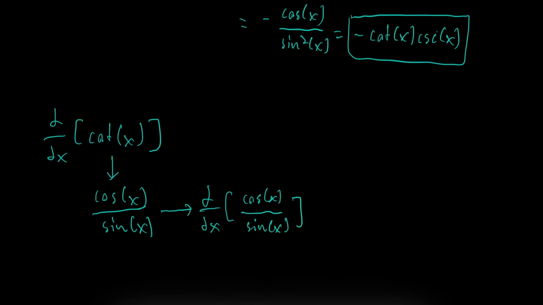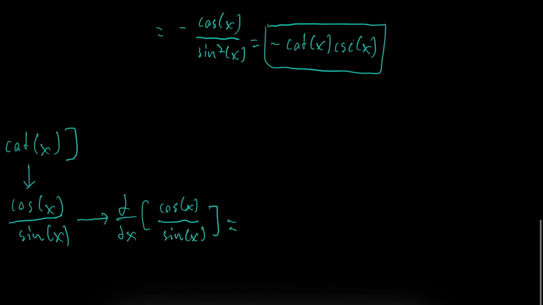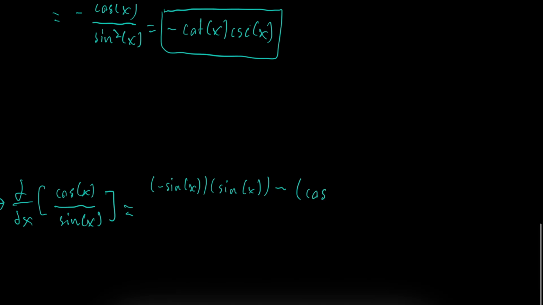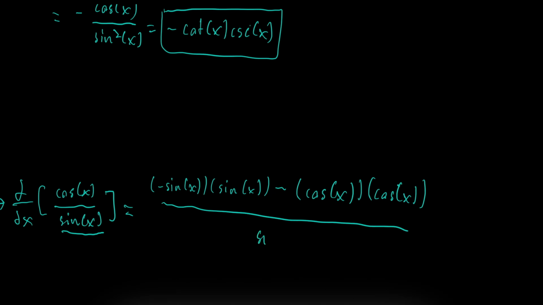Once again, using the quotient rule, right? So the derivative of cosine of x is going to be negative sine of x times sine of x from the denominator here, minus cosine of x, that just exists here, times the derivative of sine of x here, which is also going to be cosine of x. All of that over sine squared of x, right?